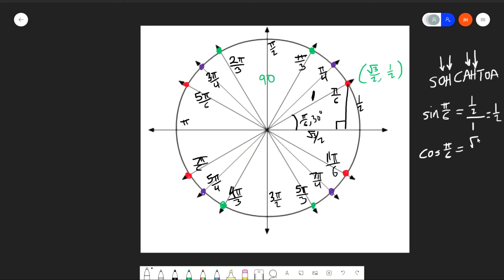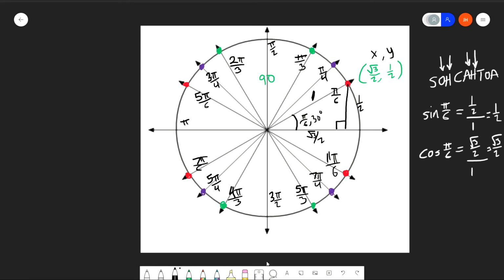So I have square root 3 over 2 divided by our hypotenuse, which is once again 1. So it is equal to just root 3 over 2. What I want you guys to notice is that the cosine is always just equal to the x-coordinate here, and sine is always equal to this y-coordinate.